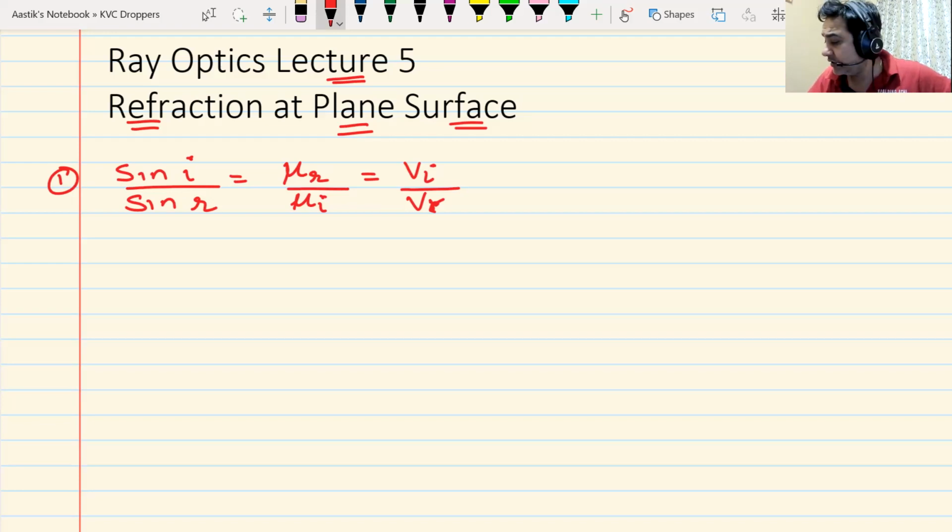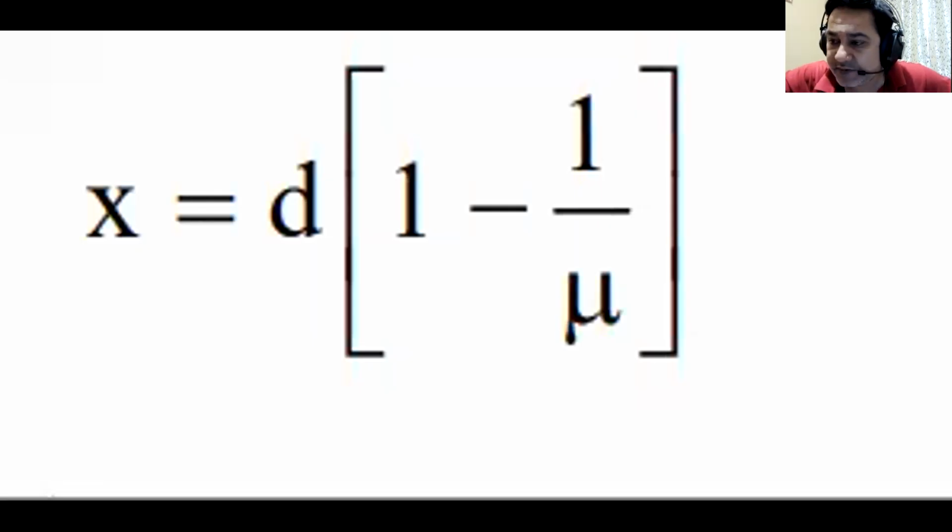And remember, the object is always shifted towards the slab, and the shift of the object towards the slab is given by this formula. Do we remember this formula? Yes, sir. The shift when the object is seen from the other side.